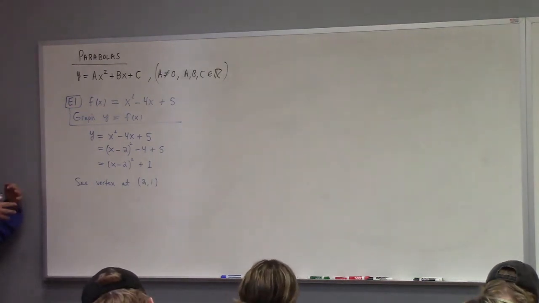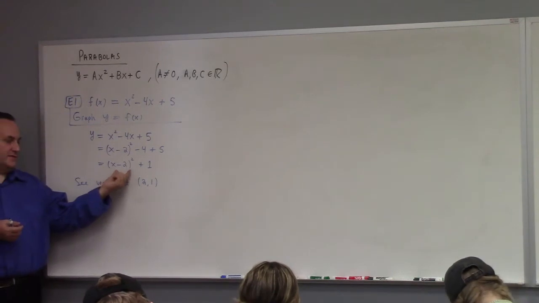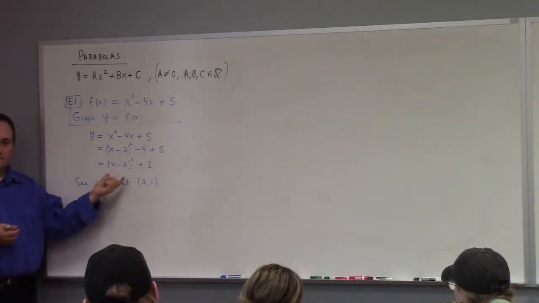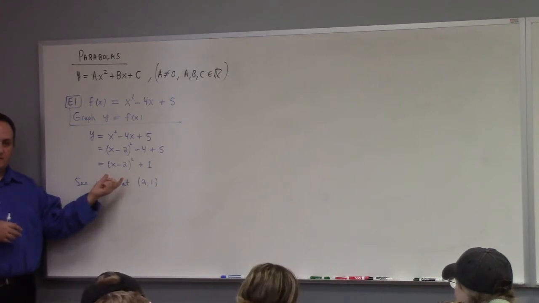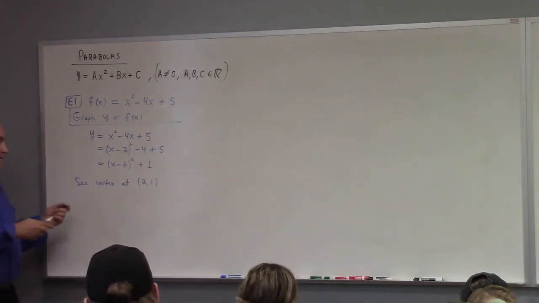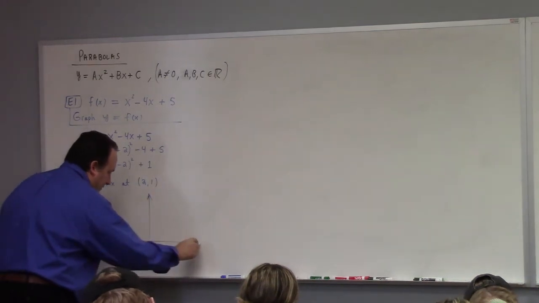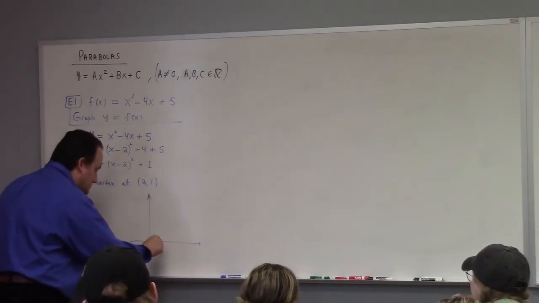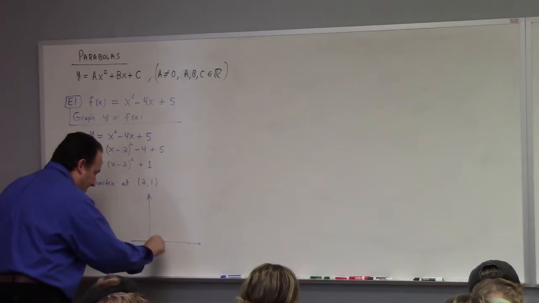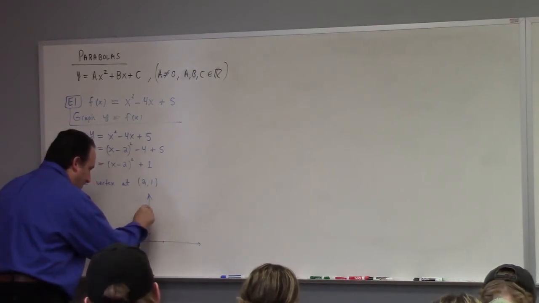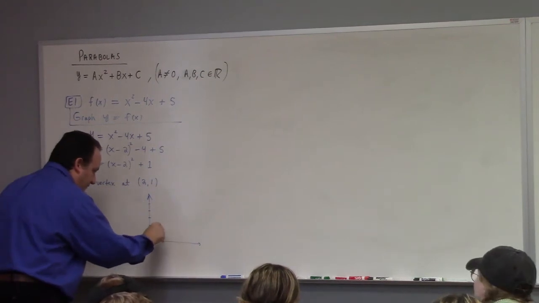The smallest y can be is when that x minus 2 thing is 0, so you get 0 squared plus 1. So 1 is the smallest y could be for this formula. So that must be the vertex of the parabola. So basically, you've got (2, 1).